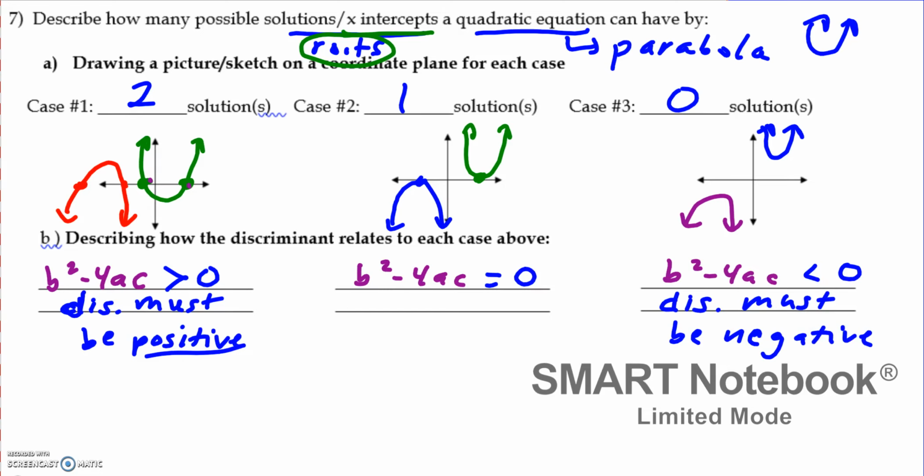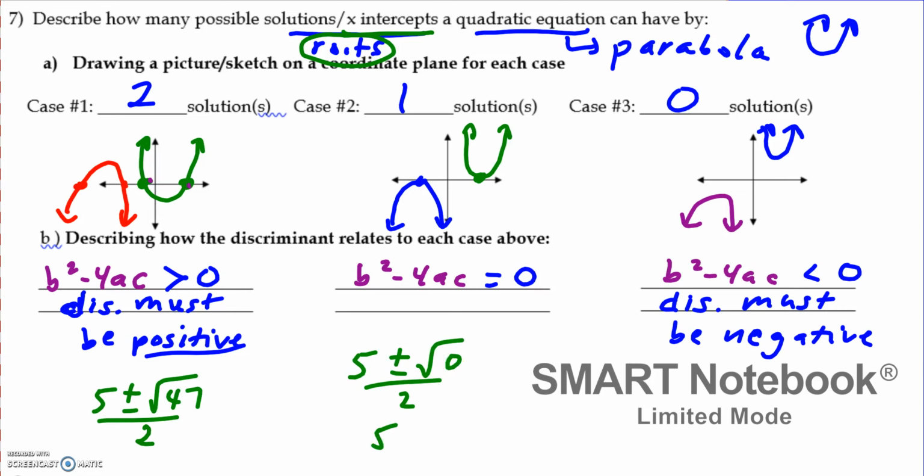To give you an example, if you're doing the quadratic formula and you ended with 5 plus or minus the square root of 47 over 2, you know there's going to be two answers because 47 is a real number. You'd have 5 plus this and 5 minus this, all over 2. In this example, if you had 5 plus or minus the square root of 0 over 2, the square root of 0 is really just 0.